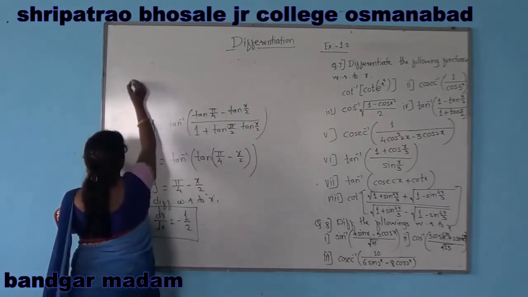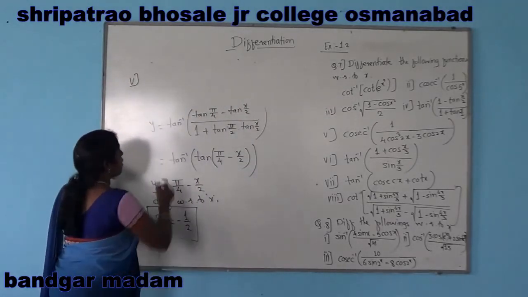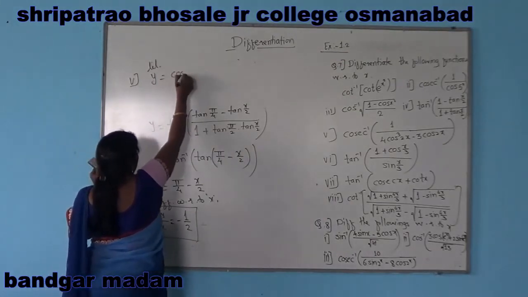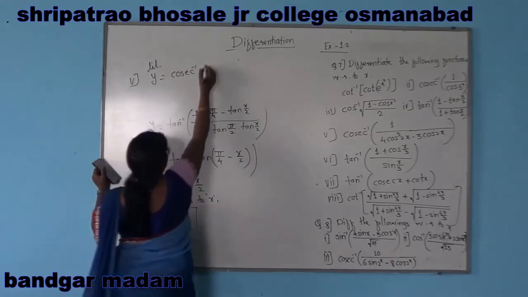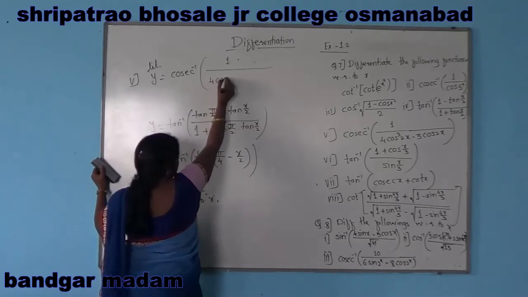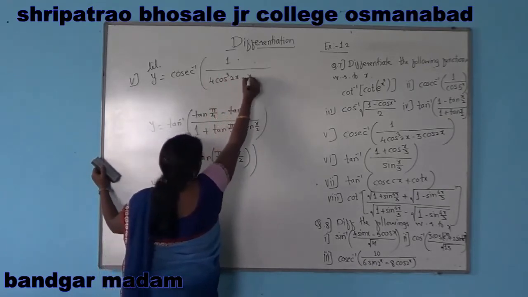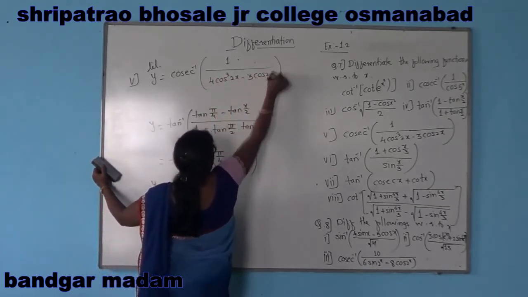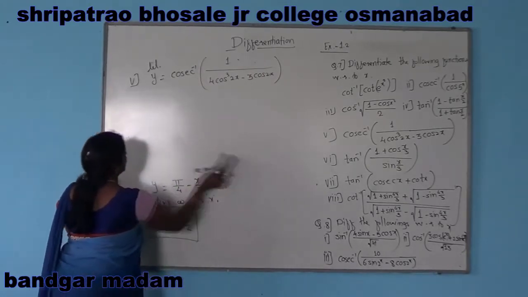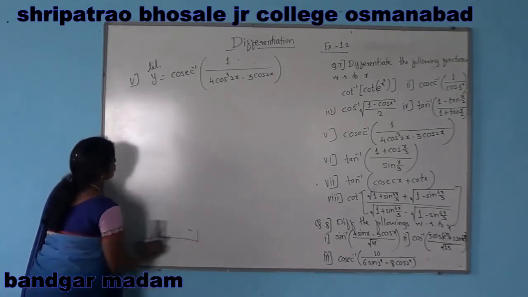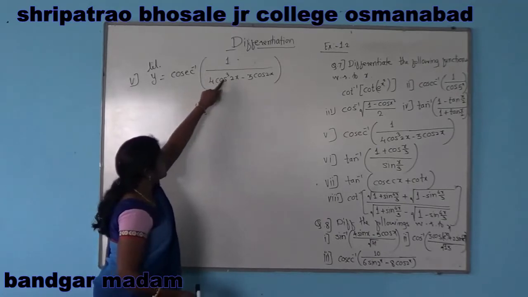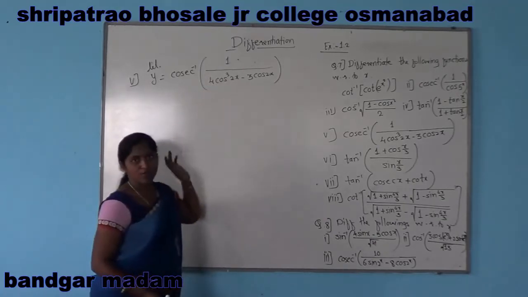Question number 5 is y is equal to cosec inverse of 1 upon 4 cos cube 2x minus 3 cos 2x.